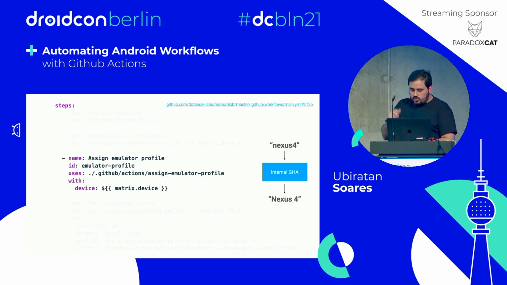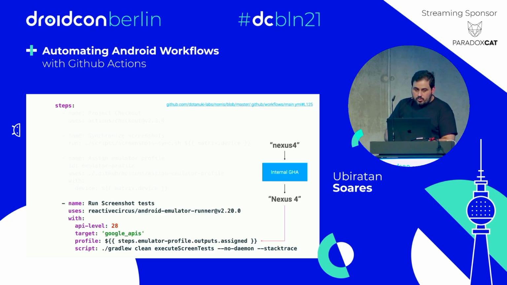And why do I do that? Because then I input that particular string as the device profile that will be used by this open source action that I use to spawn the Android emulator, right?